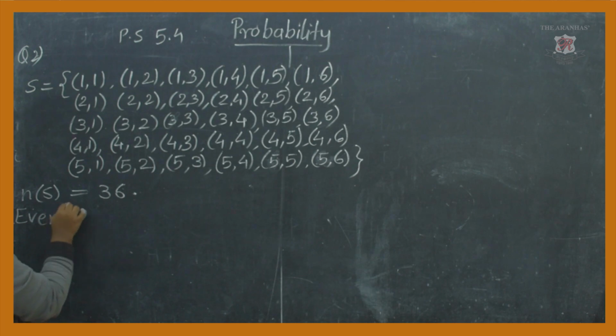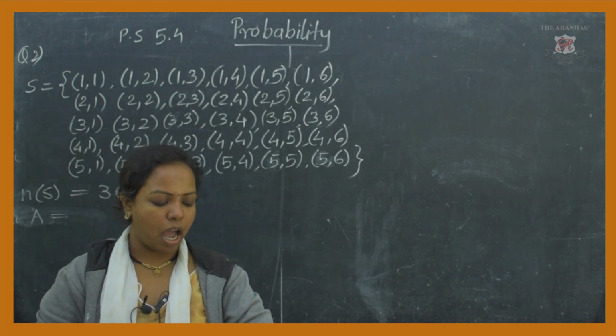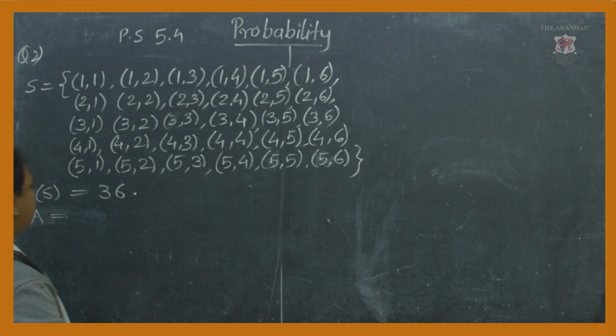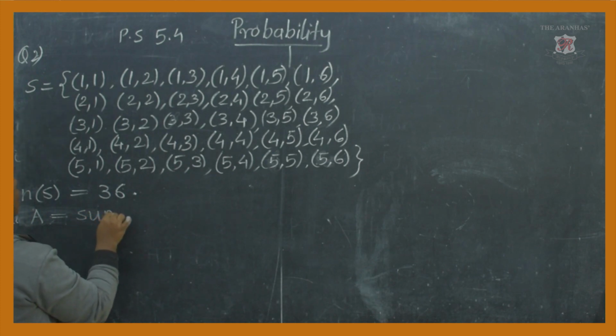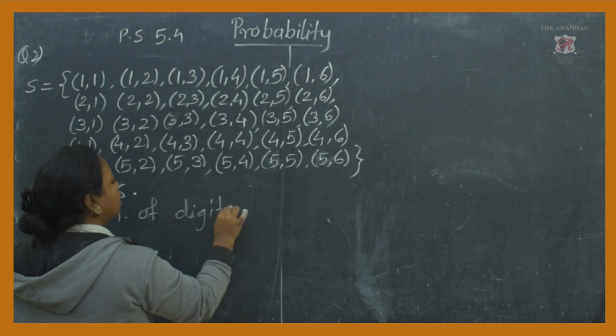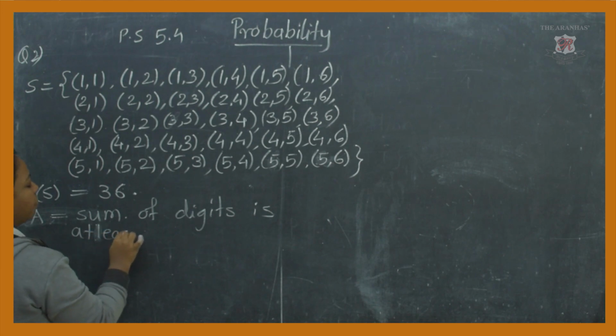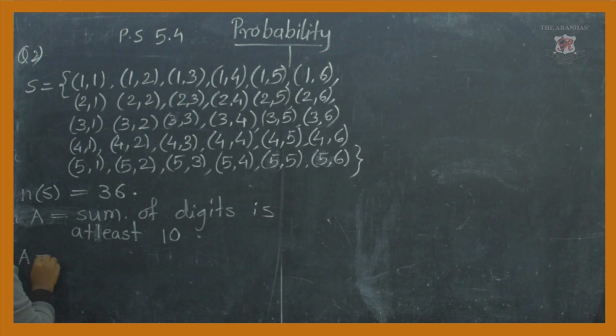Now see what event A is. The sum of digits on the upper faces is at least 10. Which values will be there in set A?